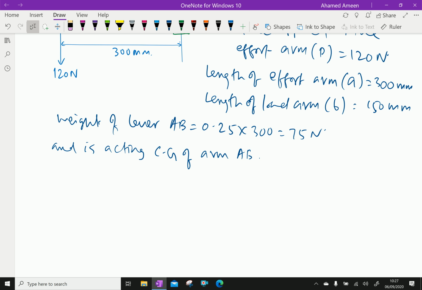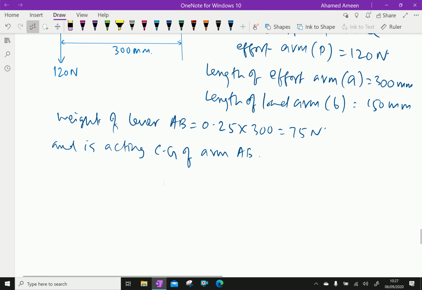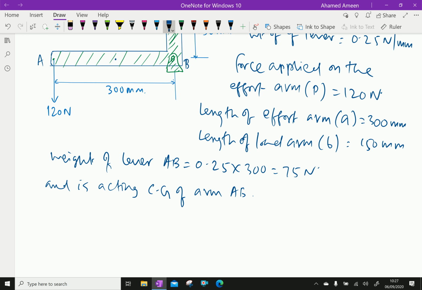Therefore we can see now, taking moments. Suppose you can write the W here; this W is acting here, which is equal to 75 Newton.